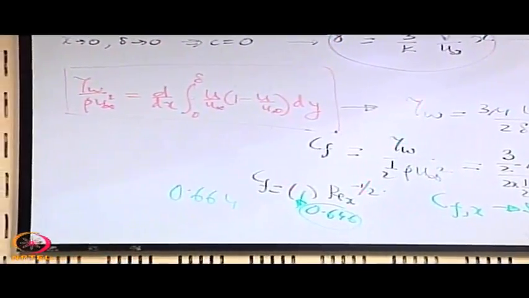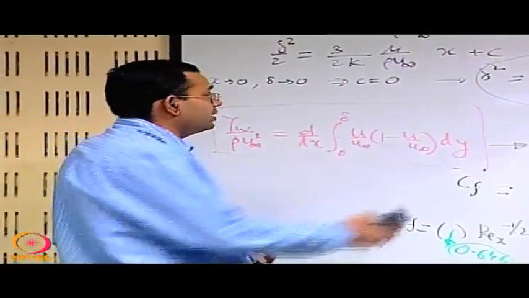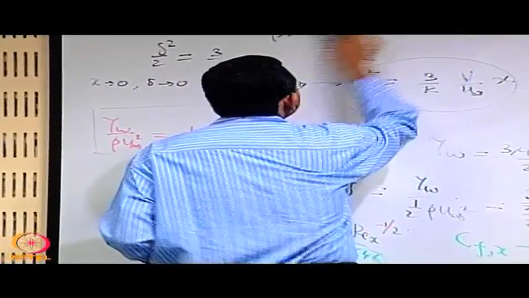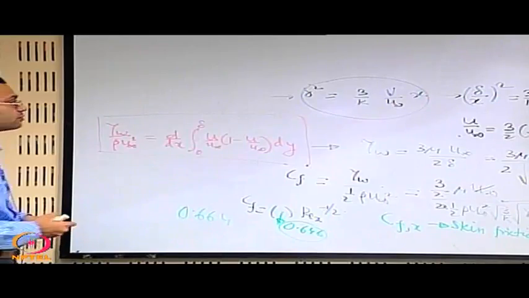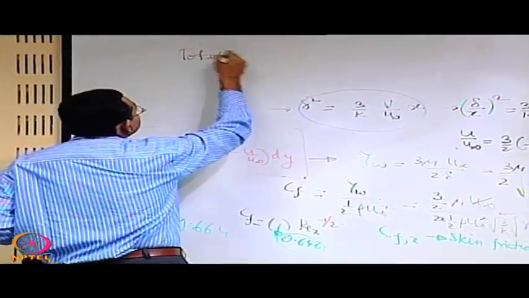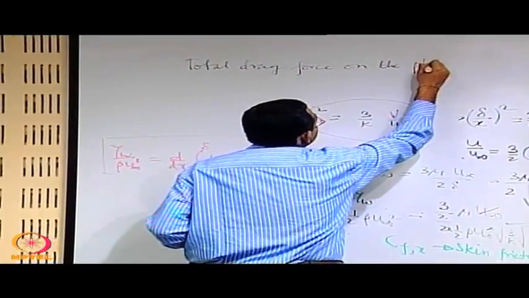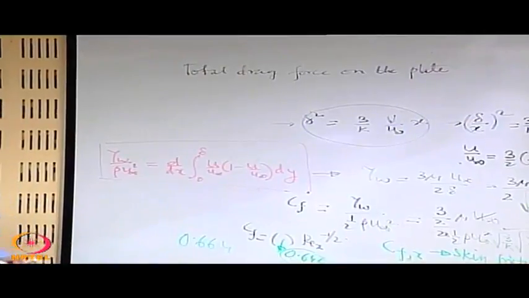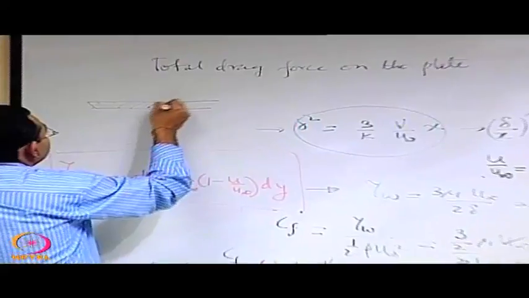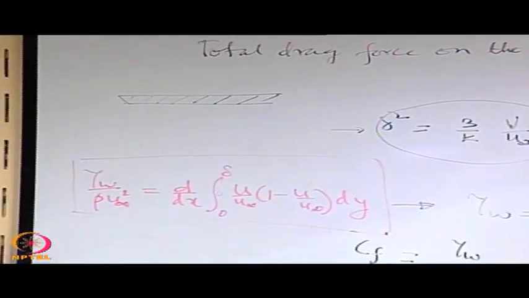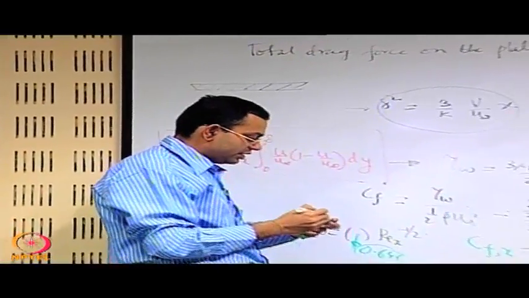Now one is interested at the end to calculate the total drag force on the plate. So how do you calculate the total drag force on the plate? To calculate the total drag force on the plate, basically you have to keep in mind that the wall shear stress varies locally with x, and it is important to take care of that local variation.